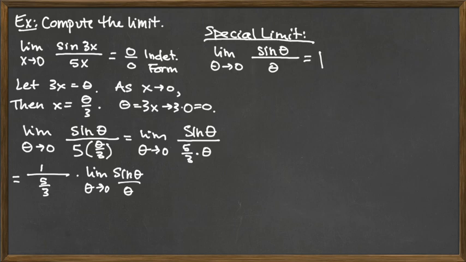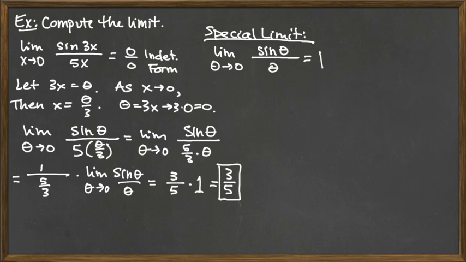So now, computing this, we have 1 over 5/3, which I'll do by multiplying by the reciprocal: 1 times the reciprocal is 3/5. That's multiplied by the special limit value of 1. So 3/5 times 1 is our answer, 3/5.